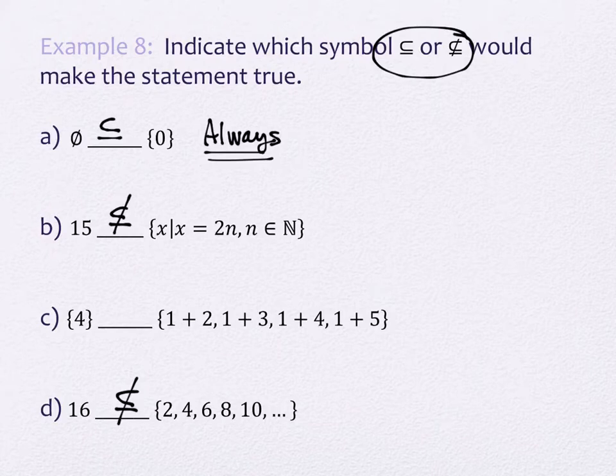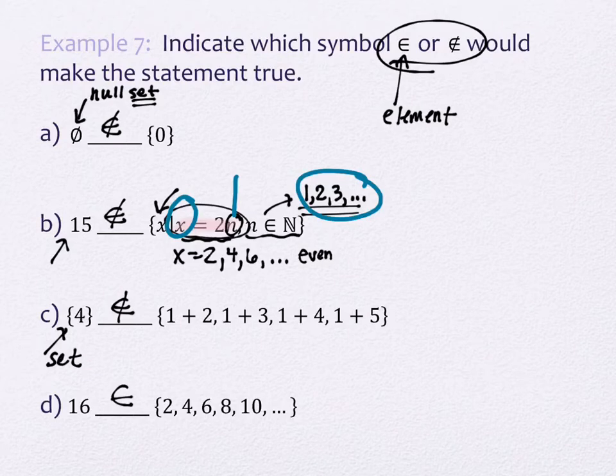Now, C looks a little bit funny in the way that it's written. I've got the 4, the set with 4 in it on the left. And then I've got the set of 1 plus 2, 1 plus 3, 1 plus 4, and 1 plus 5. So really, the question is whether or not the number 4 is one of those things that's on the right-hand side. And it is. It's equivalent to the 1 plus 3. Now, if it were messier and you didn't like it, kind of like I was talking about with the 2n one, you could actually simplify what's there, right?